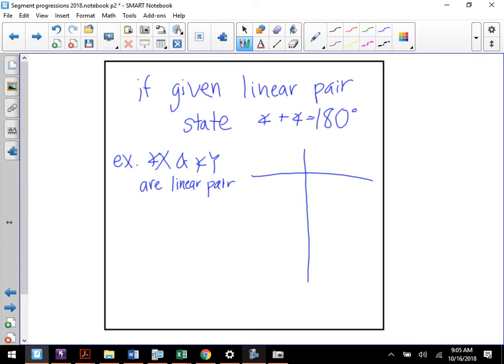It's not telling you that they're supplementary. It's telling you that you have a linear pair. So step one, write down that given statement: angle x and angle y are a linear pair.